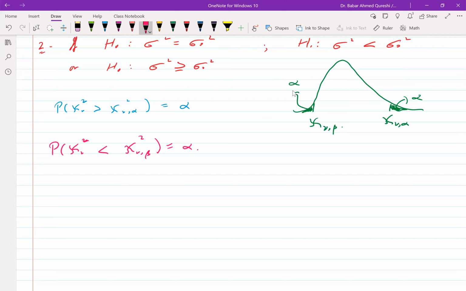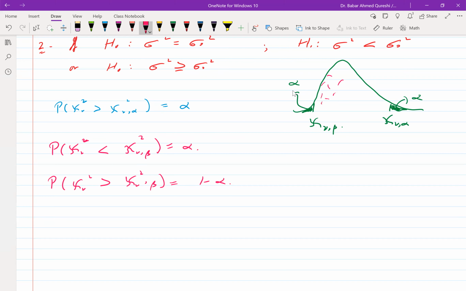But this same thing I can also write as P chi naught square being greater than this value beta is 1 minus alpha, right?